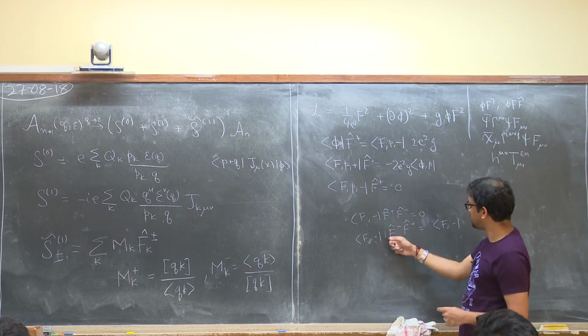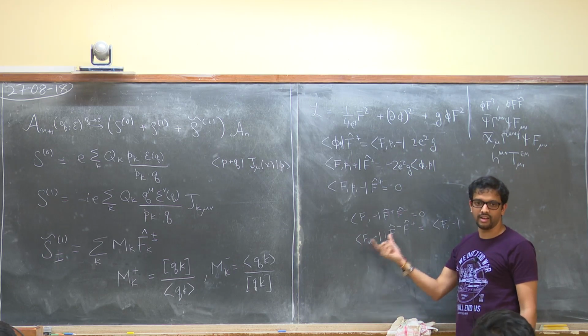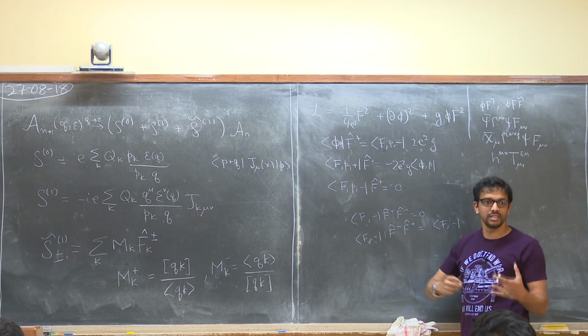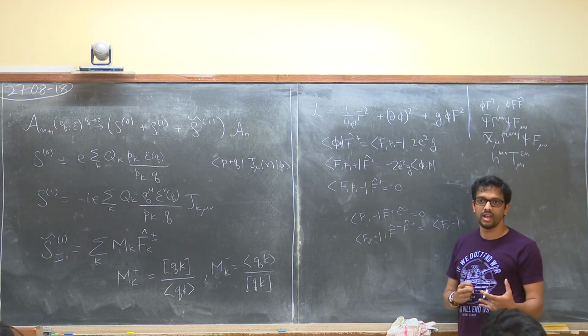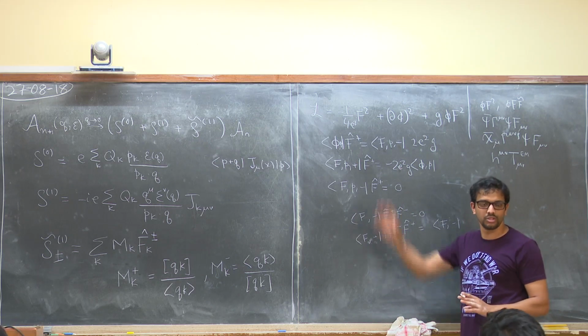F hat minus acts on a negative helicity photon and gives you a scalar with helicity 0. So f hat minus raises helicity by 1, and f hat plus lowers helicity by 1. That's the action, up to some overall constants.